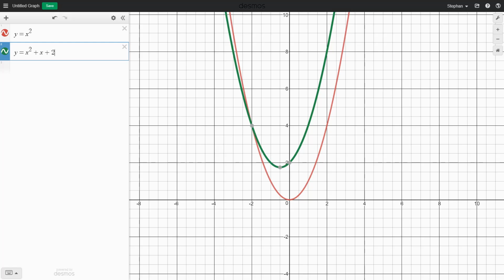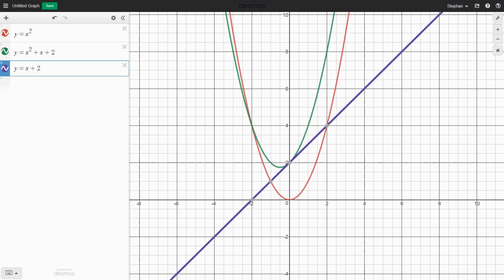So to understand if something is a quadratic or not, or whether or not it will make a parabola, let's try a little bit more. Now we know that this one here, y equals x plus 2, definitely is not a quadratic. It doesn't make a parabola, it's a linear graph. So the purple line, that's linear.